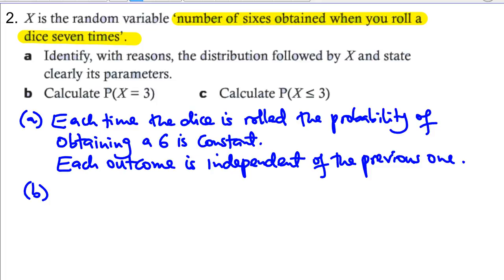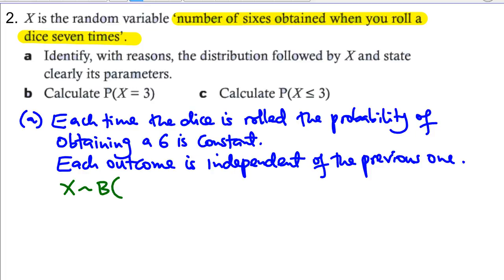The probability that x is equal to 3. Now remember, this is a binomial distribution. So before I can start working out B, I may just want to write this: X follows a binomial distribution with parameters.